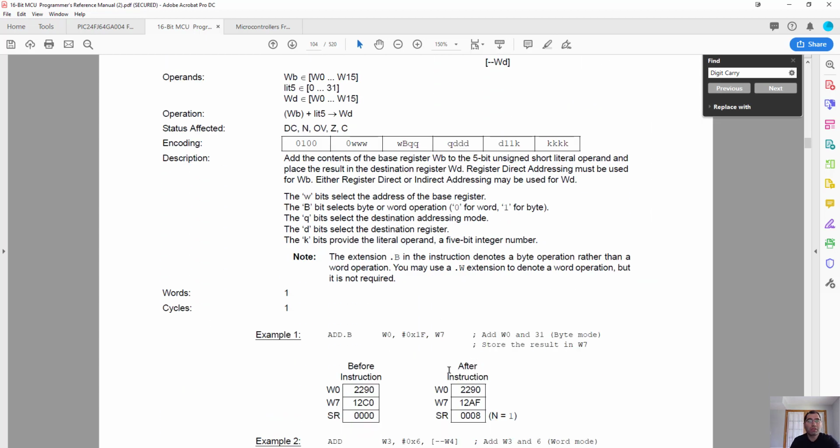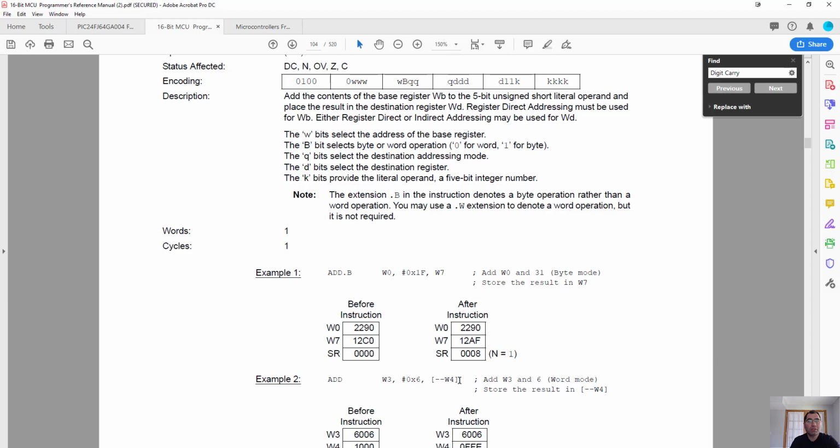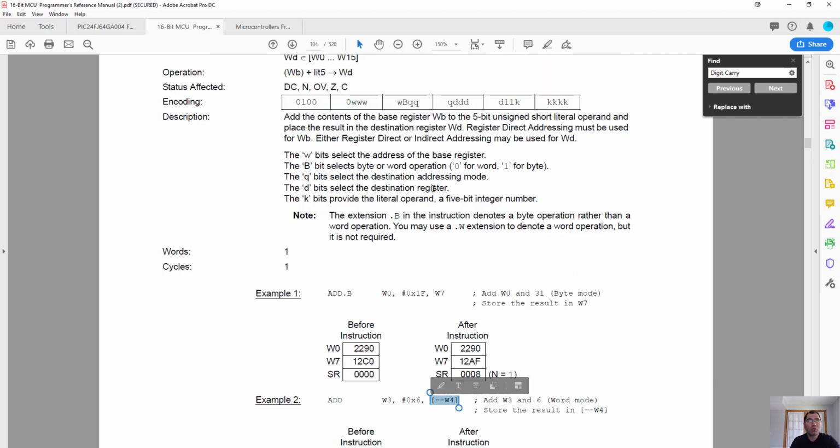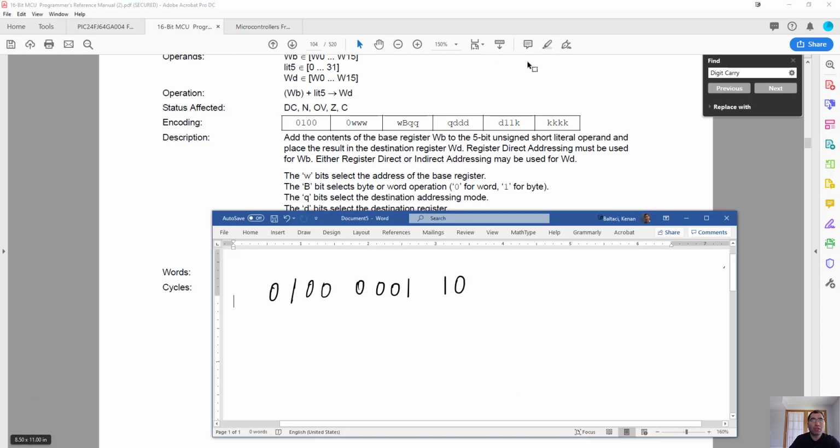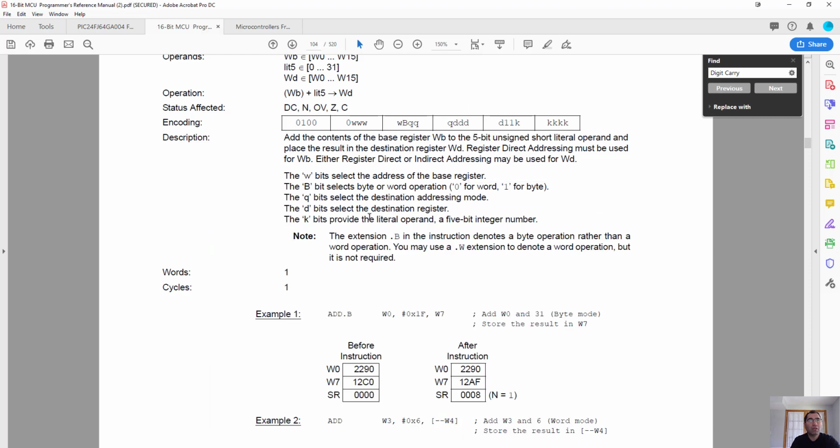See, it's indirect with pre-decrement, so QQQ is going to be 1, 0, 0. Then this Q is going to be 1, and this Q is going to be 0, and this Q is going to be 0. So what is DDDD? The bits that select the destination register.